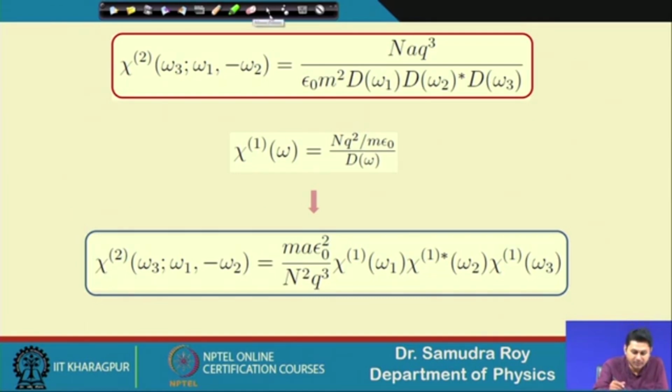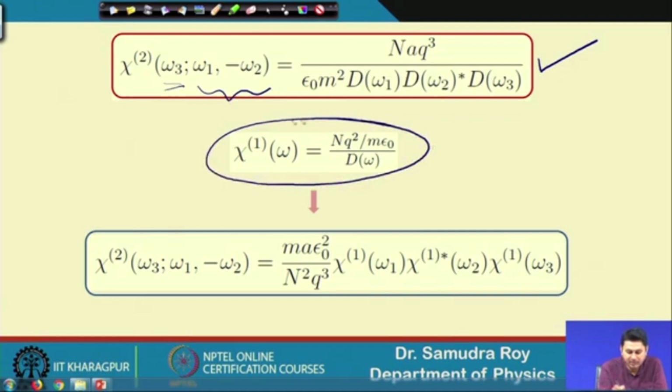So, let us go back to our previous equation. This is the equation that we have been explaining so far. Chi 2 is the second order susceptibility at omega 3, related to two frequencies omega 1 and minus omega 2, and we are getting this. But we already know that the first order susceptibility is a frequency dependent term, and it can be represented in this way.